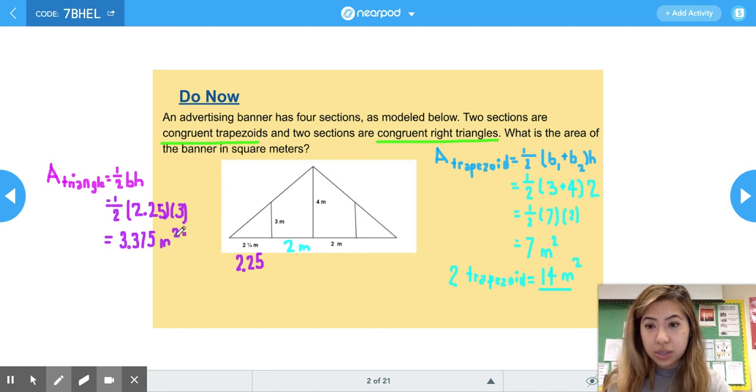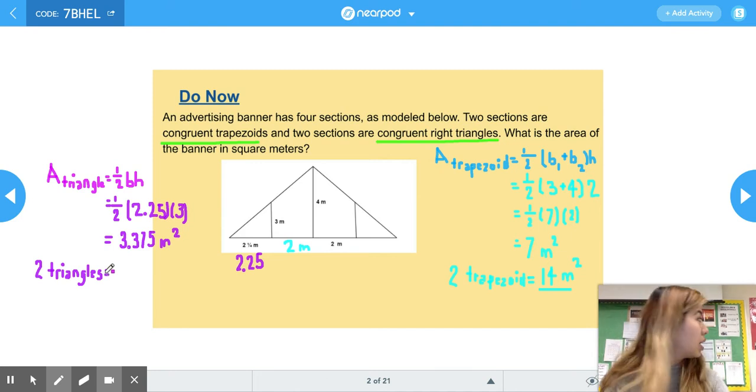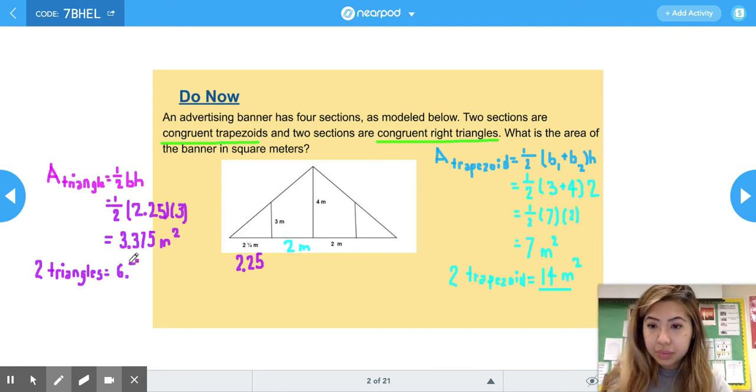And because I have 2 triangles that are congruent, meaning the same shape, same size, so of course they're going to have the same area, I'm going to have to double 3.375. And that is going to be 6.75 meters square.